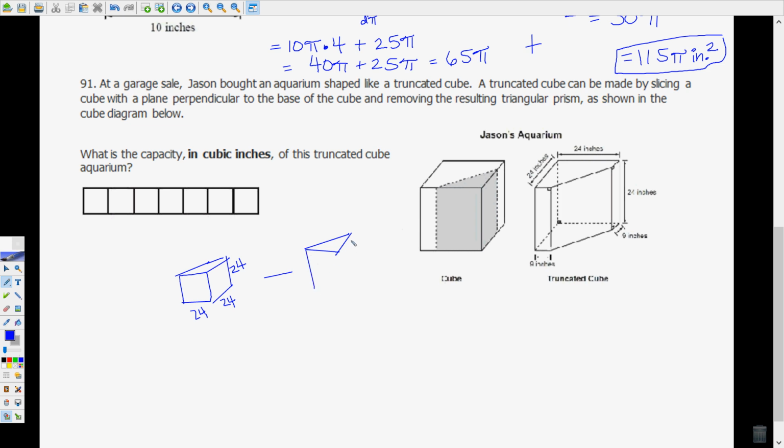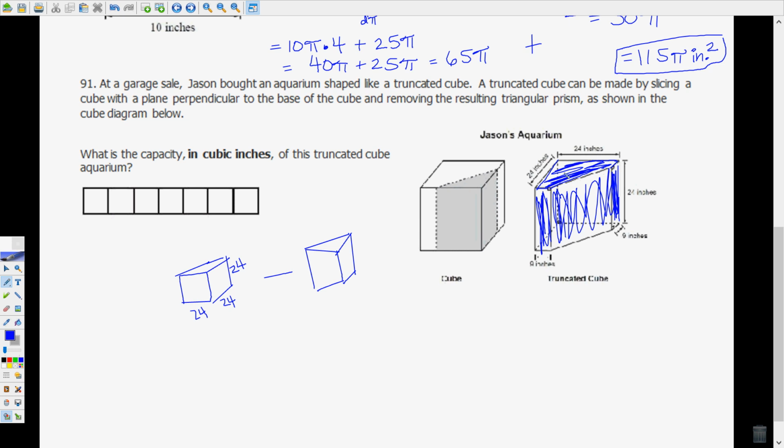So it looks like this. You're cutting it out of your cube, and you'll have left this shape here. You see it? Of course, this is part of the shape too, but it looks like that. If you're looking from the top, you have this shape at the top here.